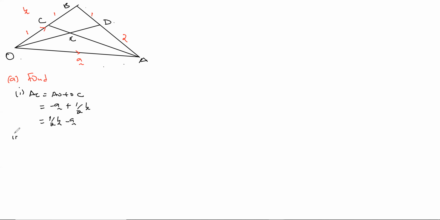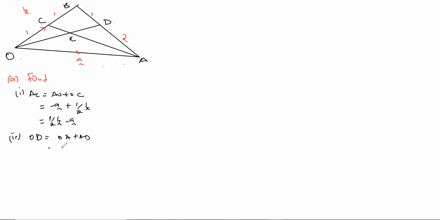Roman 2, they'll ask you to find the vector of the other intersecting line OD. If you want to get OD, it is given in two ways. You can either go OB, BD, or you can go OA, AD. For me, I'd use OA plus AD.